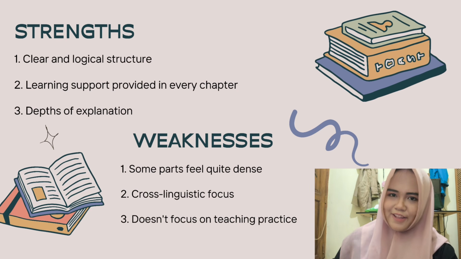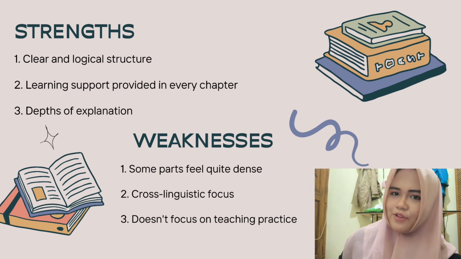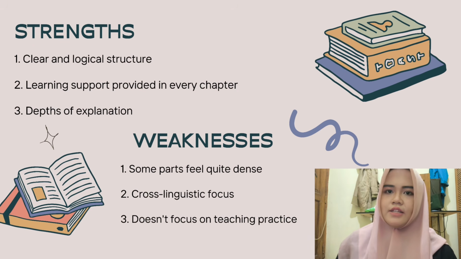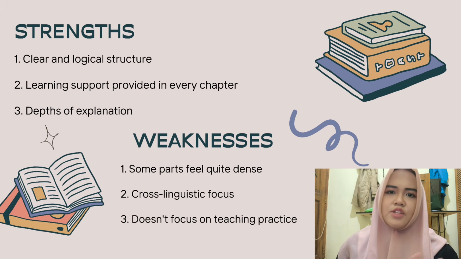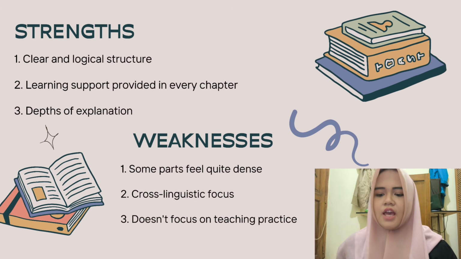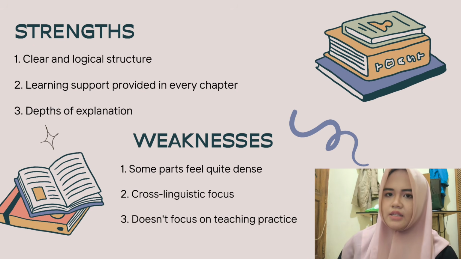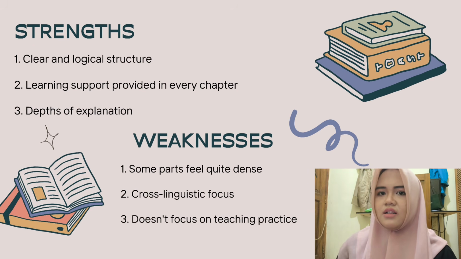Because nothing is perfect in this world, this book also has some weaknesses. The first weakness is that some parts can feel quite dense for beginners. Because the explanations are quite academic, certain chapters may need to be read more than once to fully understand them. And then the second weakness is its cross-linguistic focus. The book uses many examples from different languages, not only English.